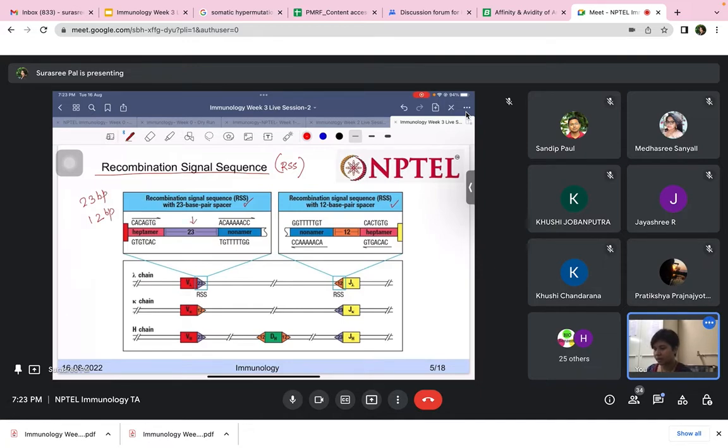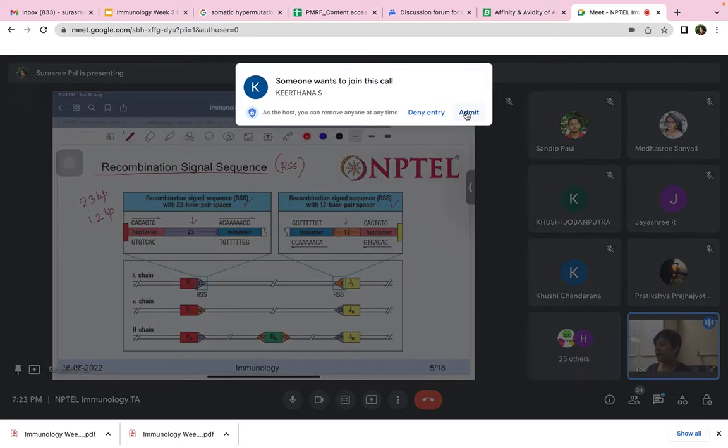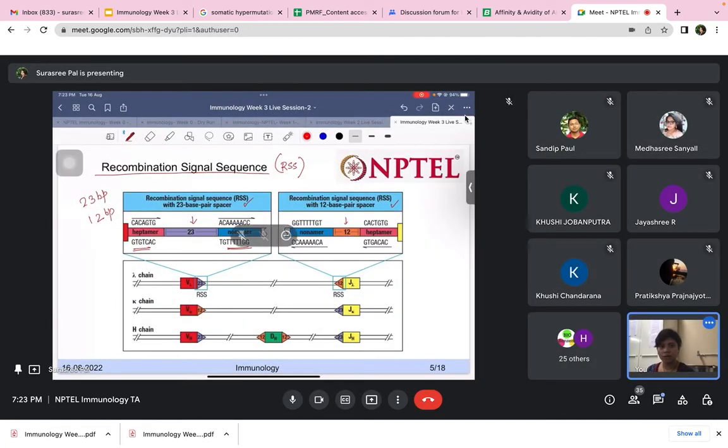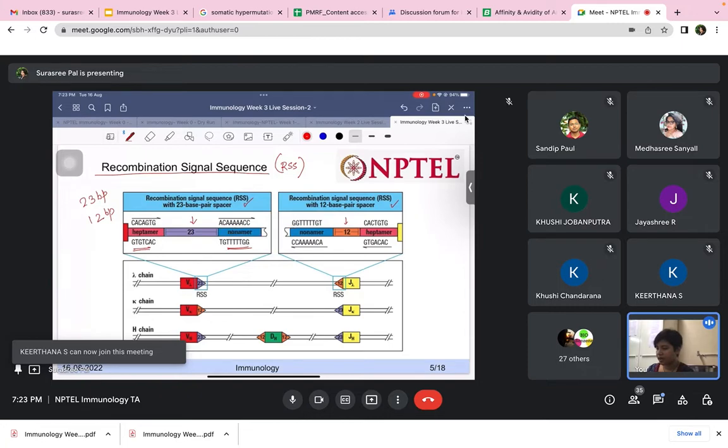Here this is the 23 base pair region and this is the 12 base pair region, which are flanked on both sides by heptamer and nonamer sequences. Here also you will find the same thing: there is a nonamer sequence and there is a heptamer sequence, flanking both sides of the 23 base pair or the 12 base pair spacer, right?